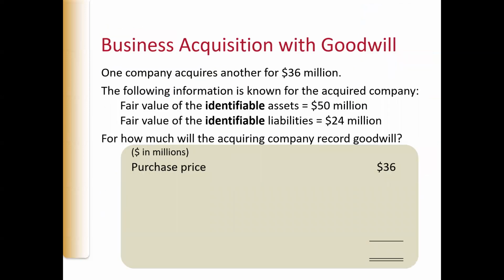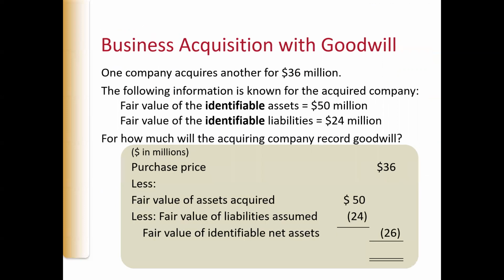So when one company purchases another company for $36 million, and they see that there are identifiable assets of $50 million, identifiable liabilities associated with those assets of 24, it means the fair value of the identifiable net assets really is 26.